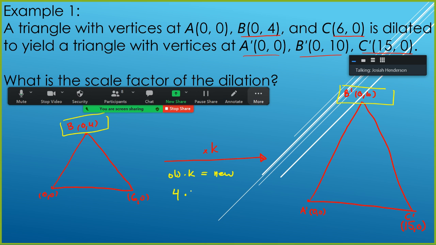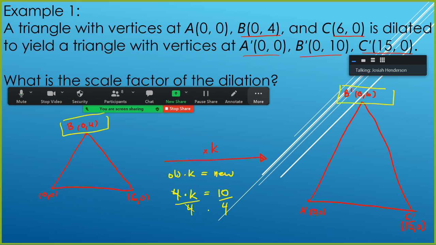Old was 4. Scale factor, we don't know. And new is 10. So now I've got 4 times k equals 10. If I solve this formula for k by dividing both sides by that 4, why do we divide by 4? Because it says 4 times k. We do opposites to solve our equations, opposites of the operations that are happening.